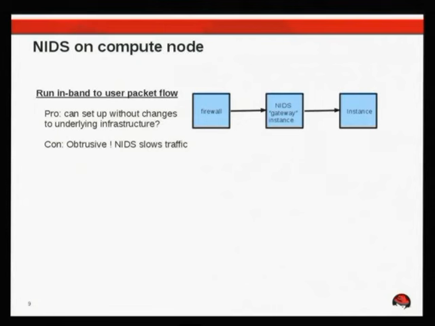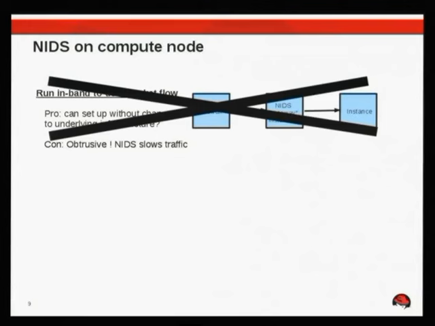I know people who have tried this, and it does work, but it's slow. Because it's a store and forward model, you have an instance which reads every packet, and then it checks it, and then forwards it on to the ultimate destination. It is technically possible, but I'm not crazy about it because of the performance overhead.